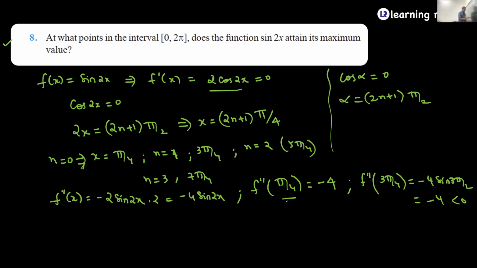So at pi by 4 and 3 pi by 4, what are we going to get? Sorry, I'm sorry. Sin 3 pi by 2 is in the third quadrant, no? Correction. So minus 4 into sin 3 pi by 2 is minus 4 into minus 1, which is going to be 4, which is greater than 0.